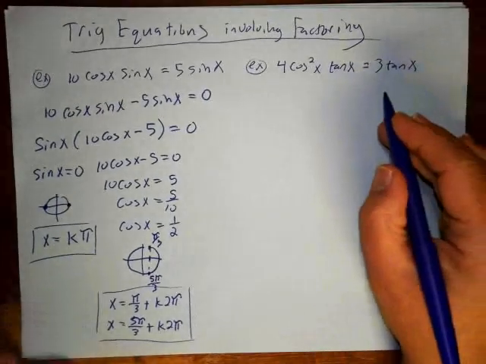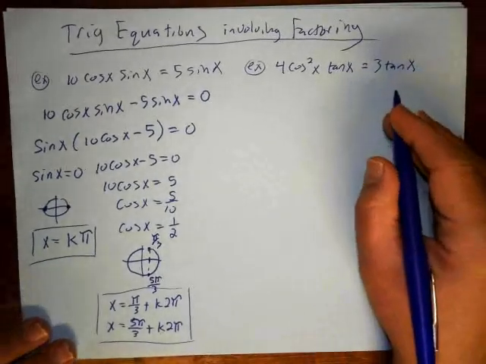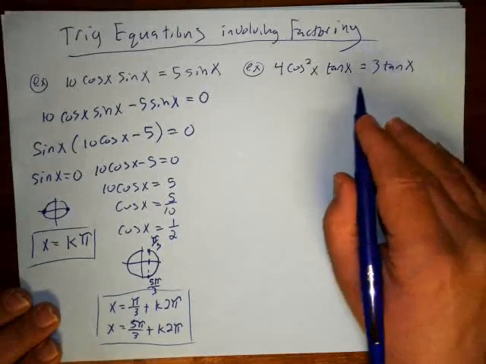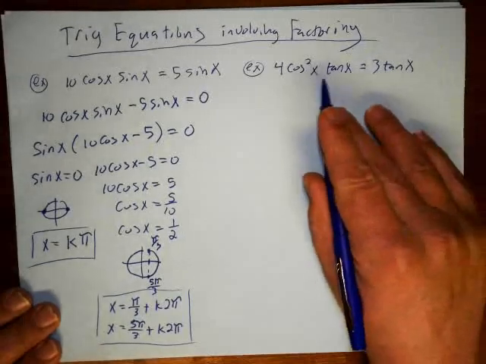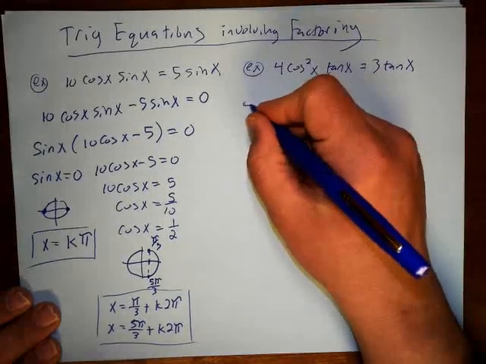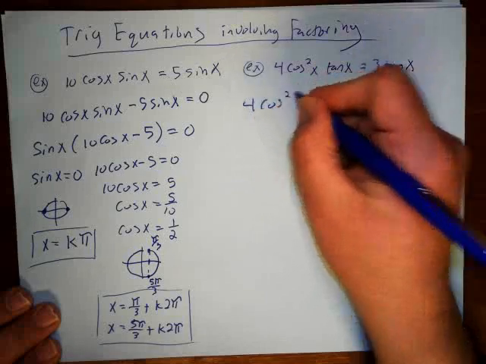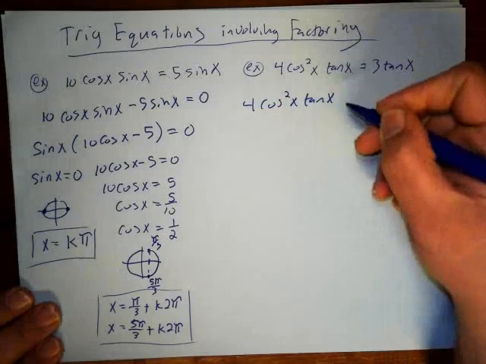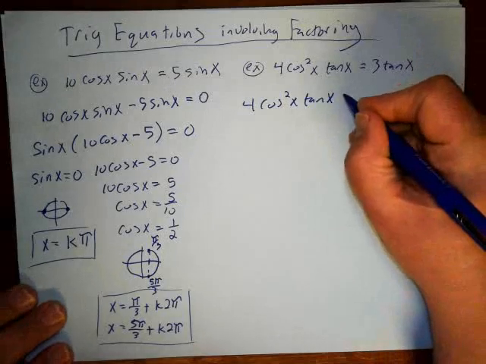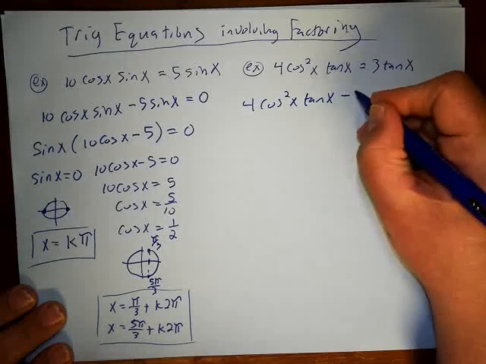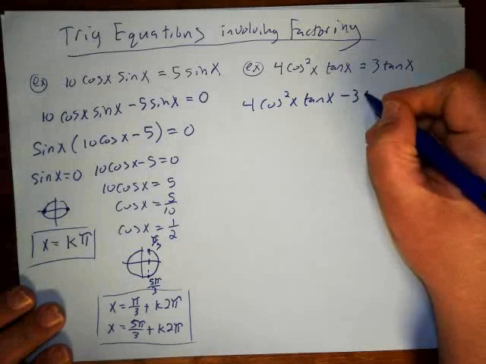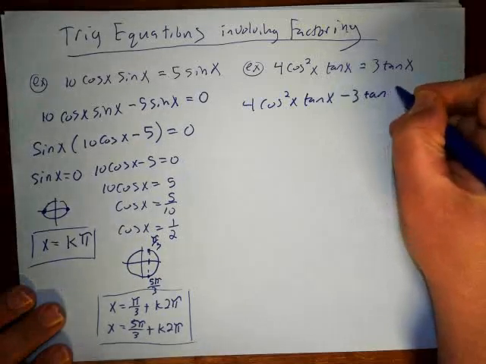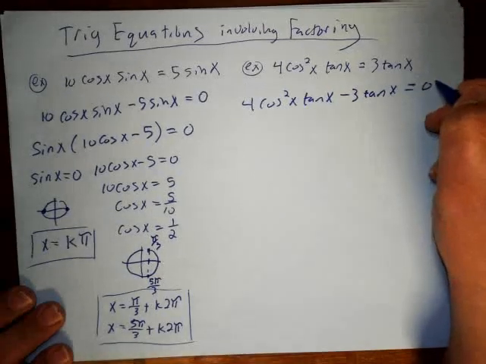So let's try this one. This one's a little different here. So I'm going to move this to the other side like before. So 4 cosine squared x times tangent x minus 3 tangent x is equal to 0.